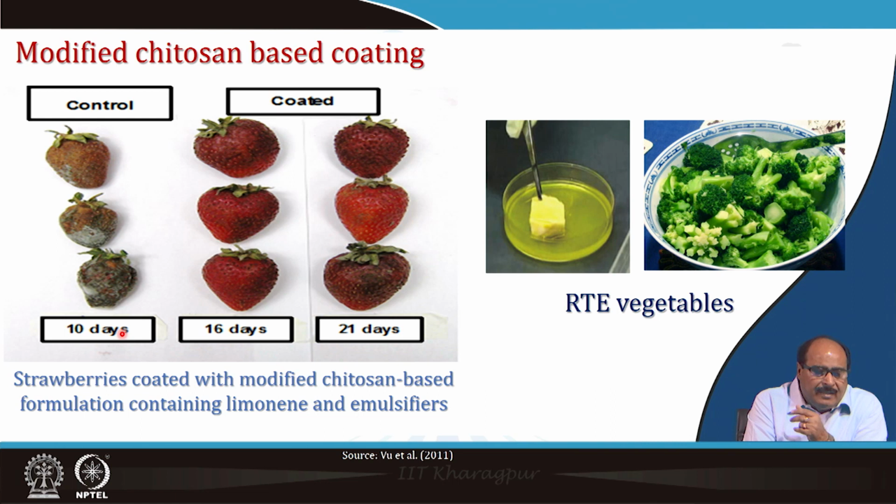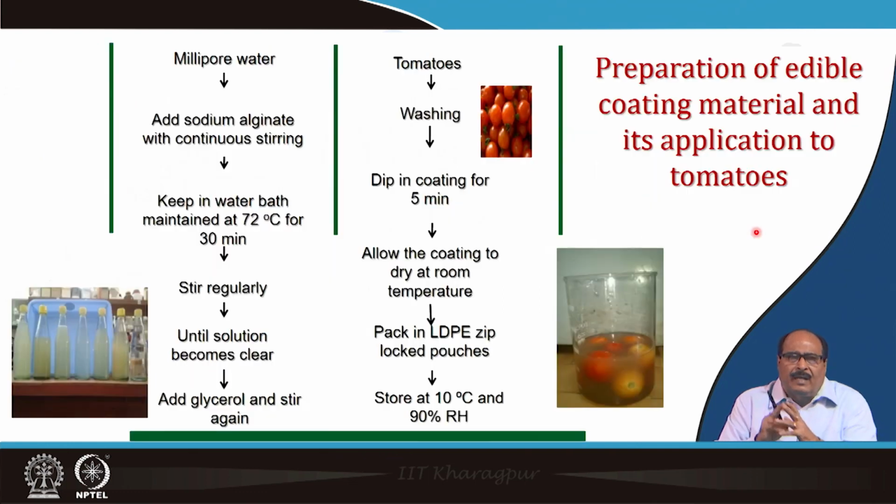After 10 days, the control sample looks like this, and then after 16 days and after 21 days, these coated with limonene and with no limonene, you can see the effect. Similarly, ready to eat vegetables are coated, and in some cases the coating material is made in such a way that generally you will not be able to distinguish by your naked eye whether it is coated or not.